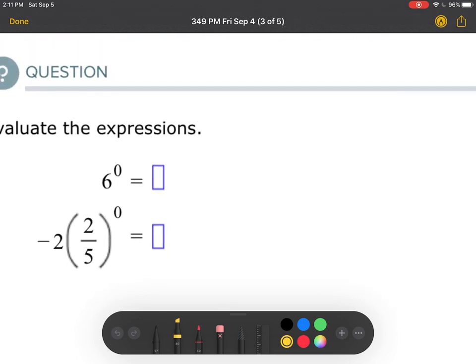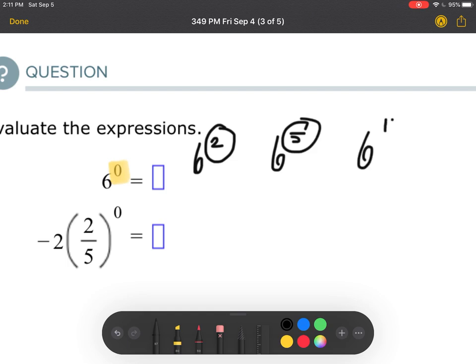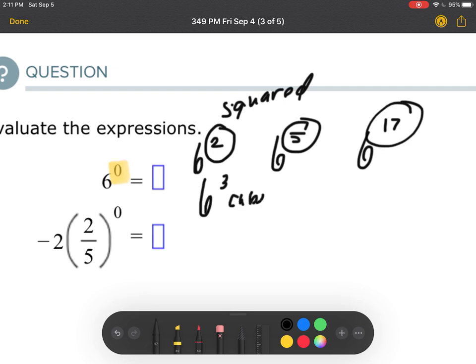So when I go into this, 6 is any number that is to the 0 power. And when I say to the 0 power, that's what that is. If I say 6 to the power of 2, that's the second power. 6 to the power of 5 would be the fifth power. Sometimes you can have 6 to the 17th, and anyone really knows what that technically is called, because this is squared, 3 is cubed, and honestly, I don't even know what 4 or 5 would be.